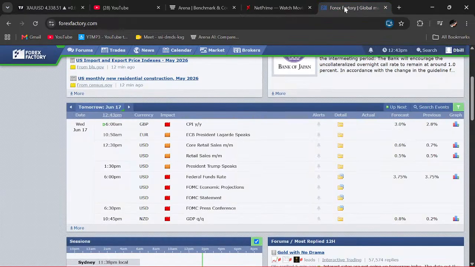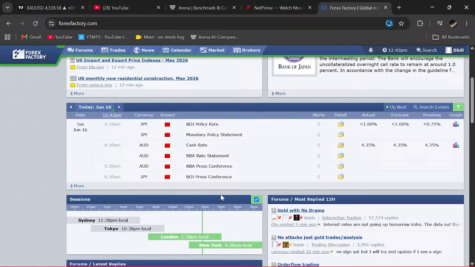So let's look at what we have on the news today. That's tomorrow's news. Today all the news events have already happened. So the spike we saw on US 30 was just New York Open. Alright.